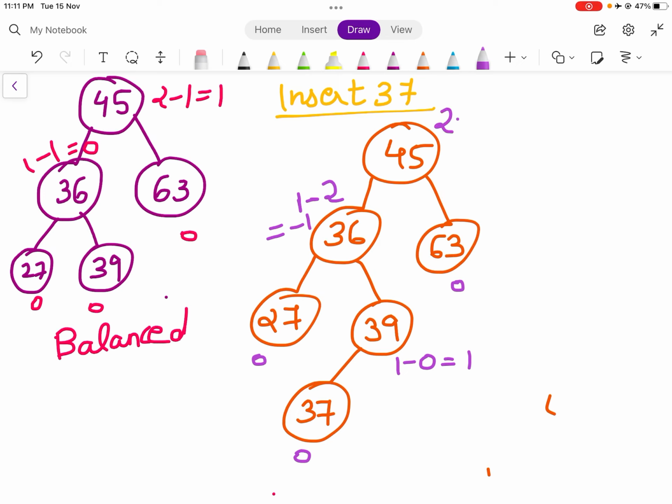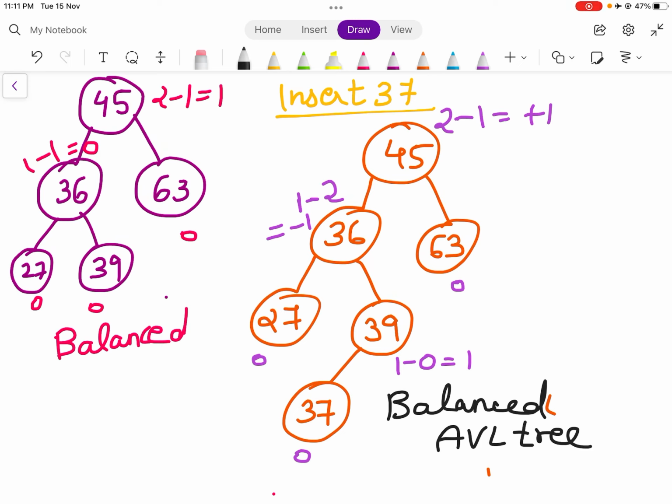This root node will be 2, and this will be 0. So again, after inserting also, it is a balanced AVL tree.